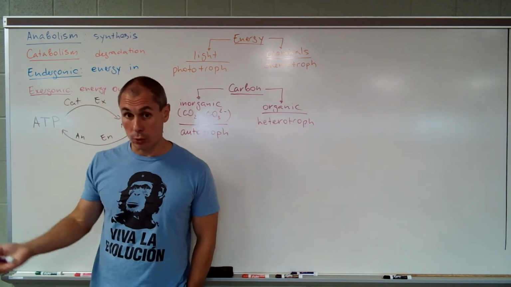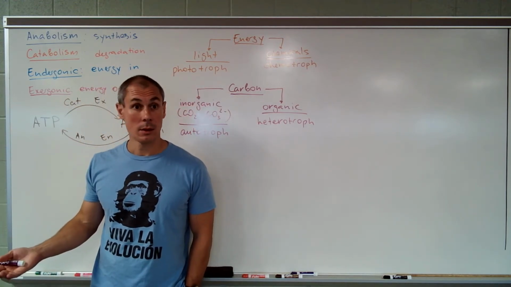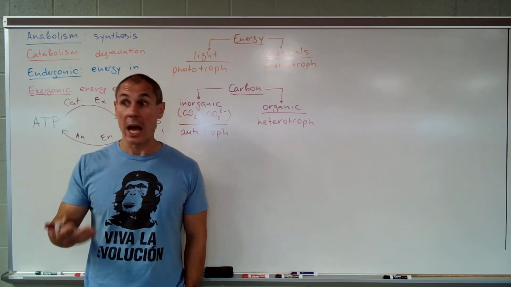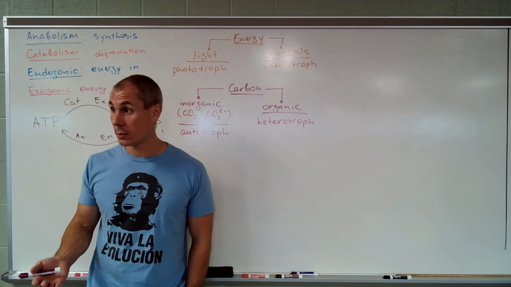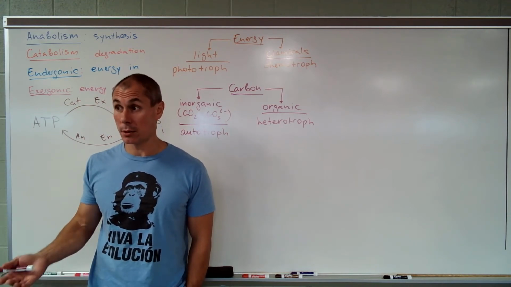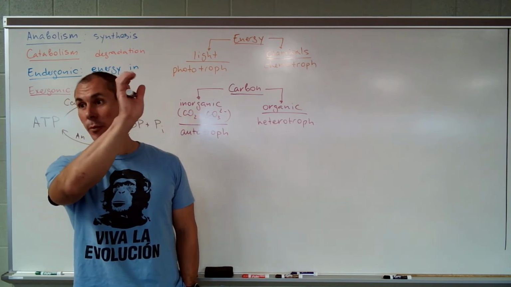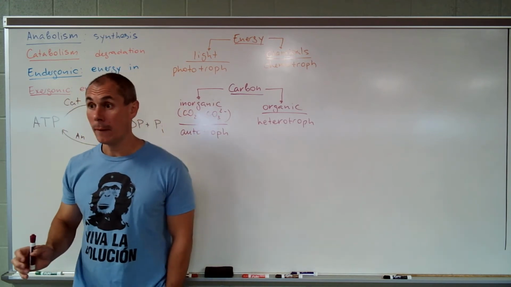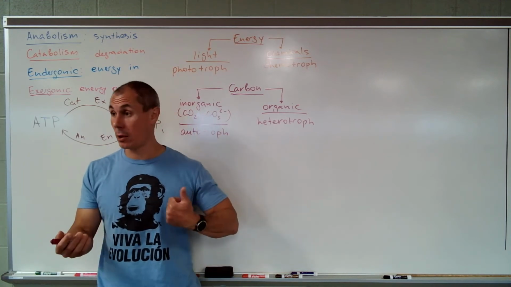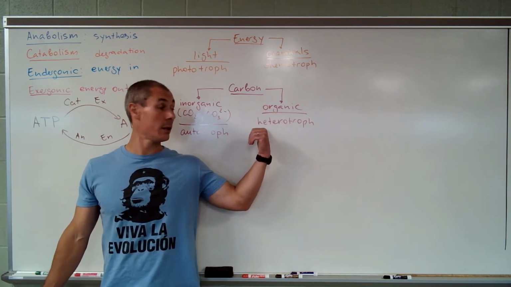We eat food, right? We eat highly processed dead animals and plants. Unless you like eating an apple straight from the tree without removing it. Okay? So we eat highly processed dead animals and plants. We are heterotrophs.